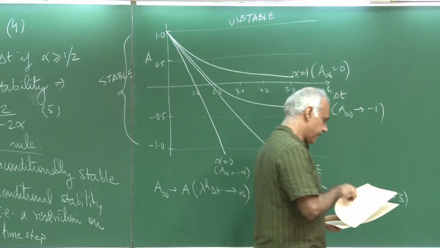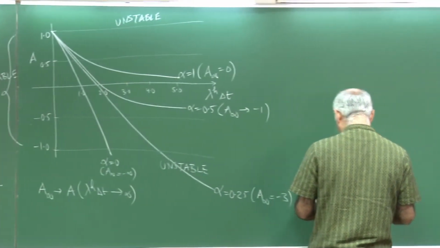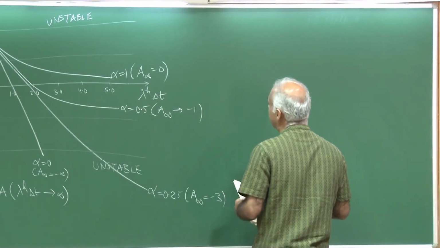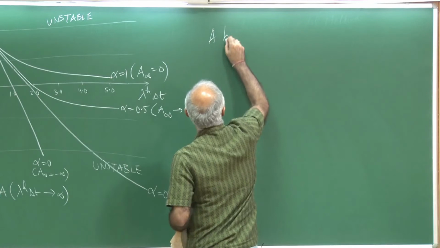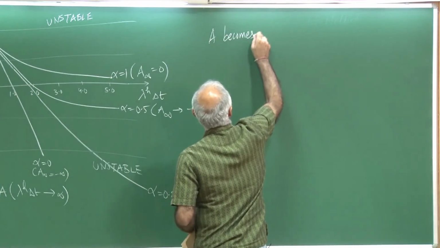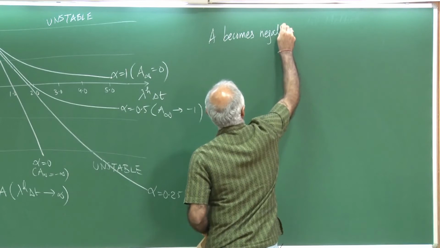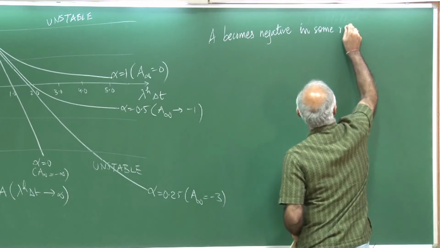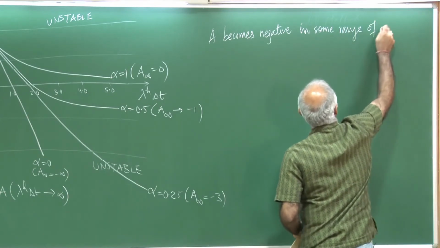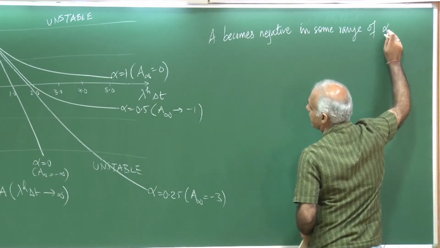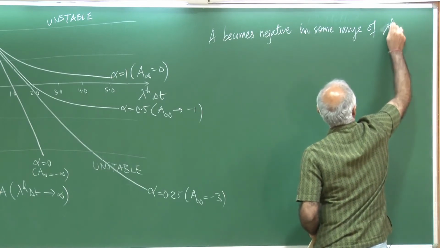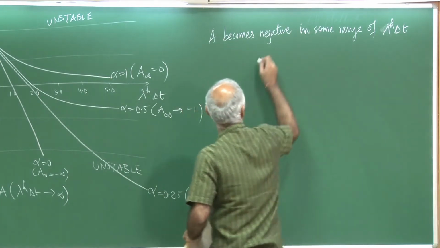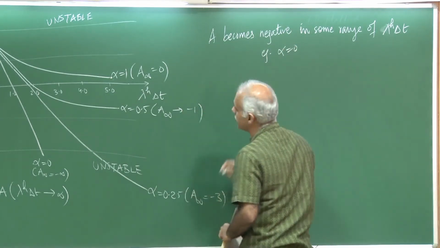So notice that we get a negative amplification factor. So A becomes negative in some range of lambda h delta t. For example, I can look at alpha equal to 0.